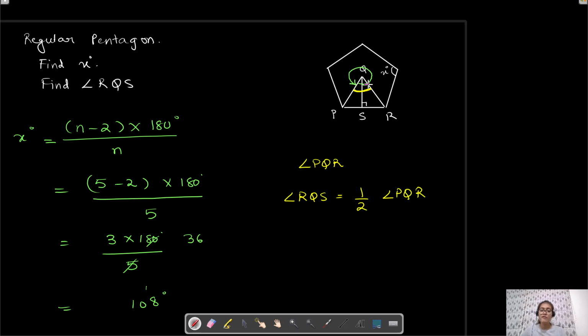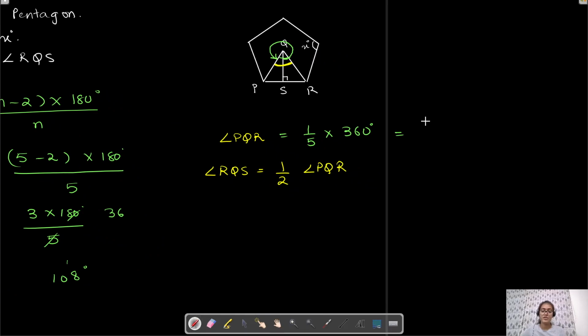So this will be divided into 5 equal angles: 1, 2, 3, 4, and 5. So angle PQR is 1/5 of 360 degrees. 360 divided by 5 gives us 72, so angle PQR is 72 degrees. So RQS is going to be half of that, half of 72, which is nothing but 36 degrees.